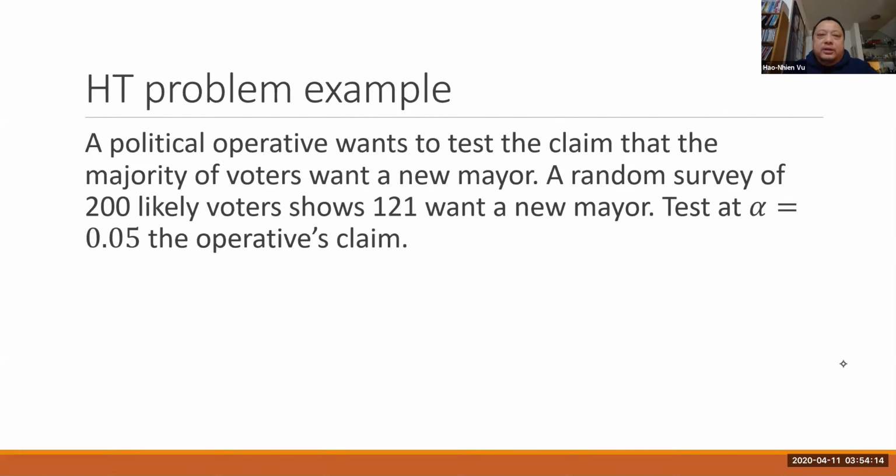So let's take a look at an example of a hypothesis testing problem. The political operative wants to test the claim that the majority of voters want a new mayor. A random survey of 200 likely voters shows that 121 want a new mayor. Test the operative's claim at alpha equals 0.05. So what do we have right off the bat? We have alpha equals 0.05 right off the bat.